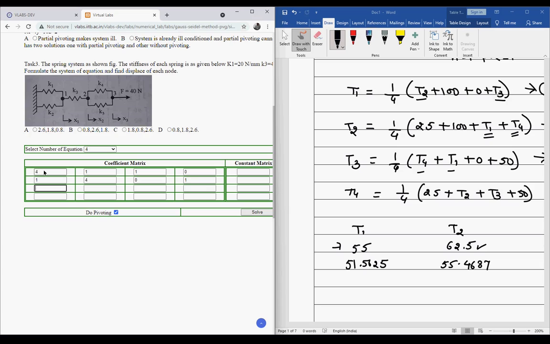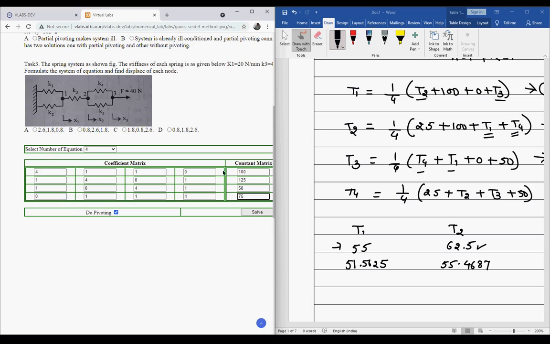Then we have coefficient of T1 1, coefficient of T2 0, coefficient of T3 4, and coefficient of T4 1. Lastly, we have coefficient of T1 0, T2 1, T3 1, and T4 4. So already it is diagonally dominant. So we have 100, then 125, then 50, and then 75.